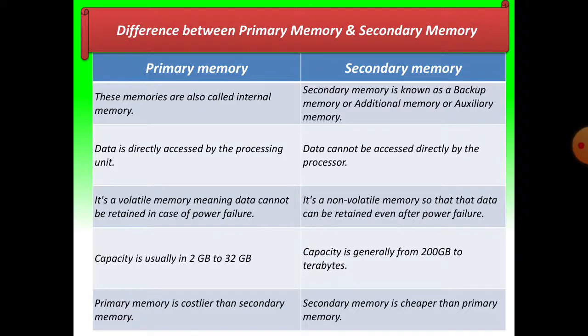And in secondary memory, capacity is generally from 200 GB to terabytes. Primary memory is costlier than secondary memory, and secondary memory is cheaper than primary memory. Those are the basic differences between primary memory and secondary memory.